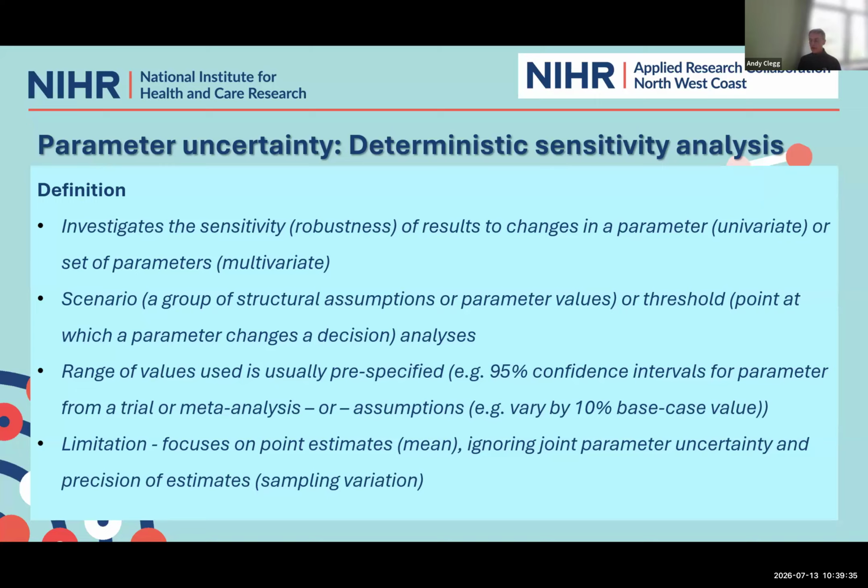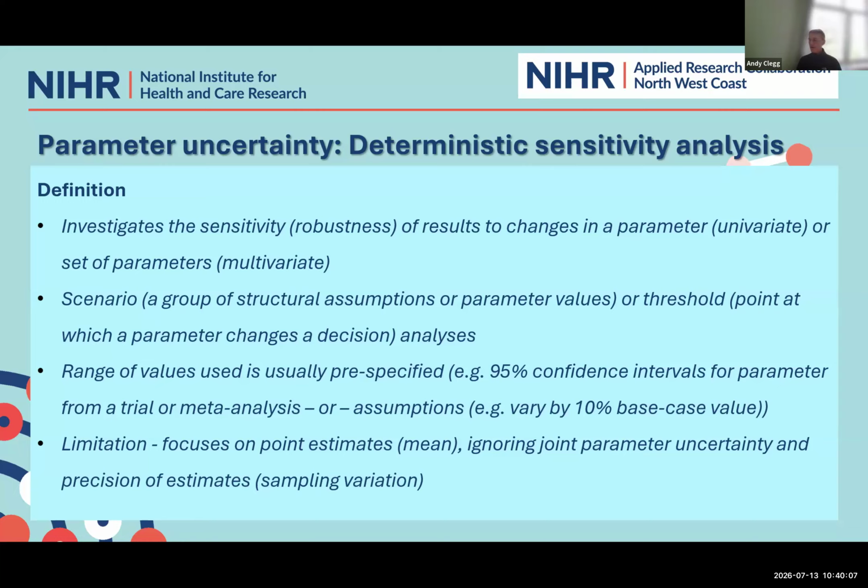But you can also do scenario analysis where you change a number of assumptions or values or thresholds, to find the point at which a decision that would be made would change, which refers back to changing potentially whether it's the cost or the actual benefit, what you'd need to achieve in terms of benefit for it to make it a cost-effective option. Often you do this by changing different values in a pre-specified way, so that you're not just cherry-picking things.